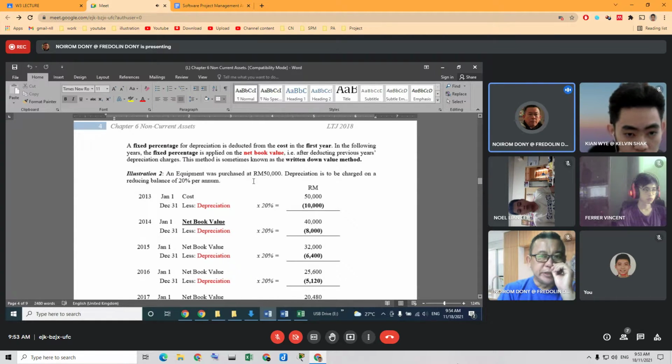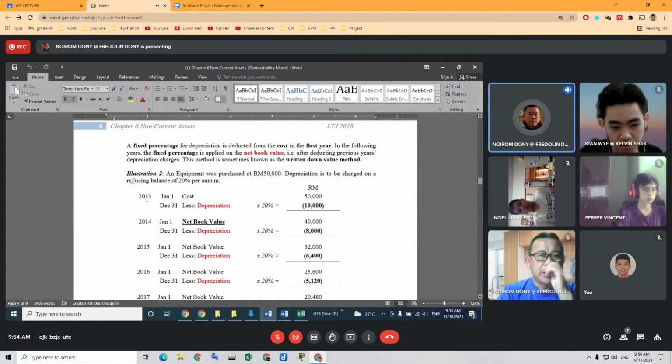Depreciation is charged on reducing balance of 20% per annum. So this is the fixed percentage, and this is the cost. Let's say we bought in 2013, so same calendar year. This is the beginning, this is the ending of the year, repeating all the years.